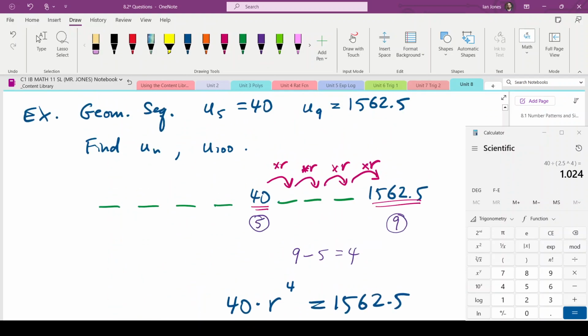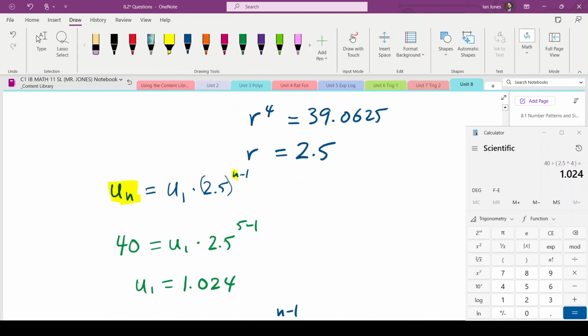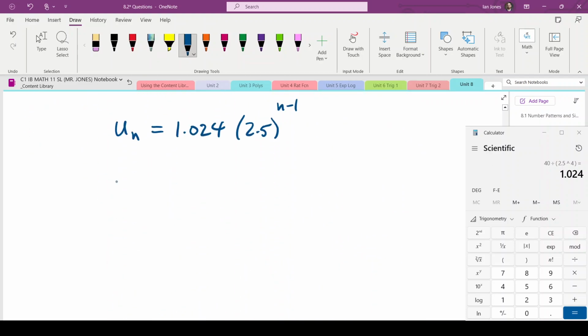The one we were given was find u100. What's the 100th term? Fine, I can do that. u100 is 1.024 times 2.5 to the 100 minus 1. Bring up my calculator.